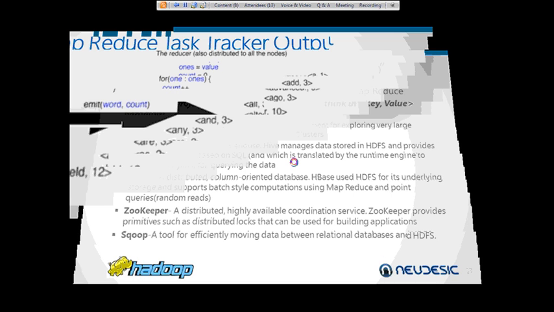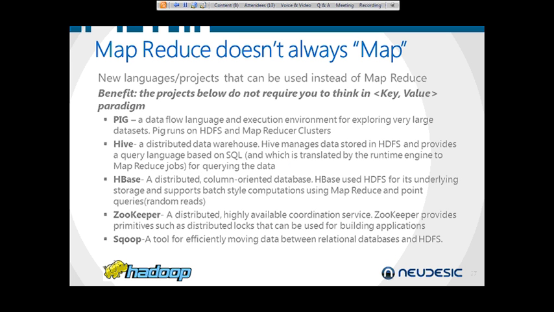So, it's a great technology. It's useful for a lot of different scenarios, but it doesn't always map to your business problem. So going back into that ecosystem, a number of the tools that sit on top of Hadoop stop you from forcing your problem into that key value pair paradigm.